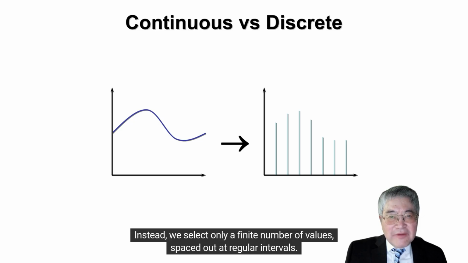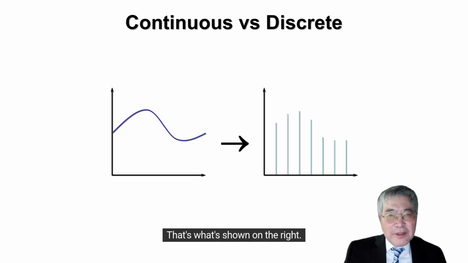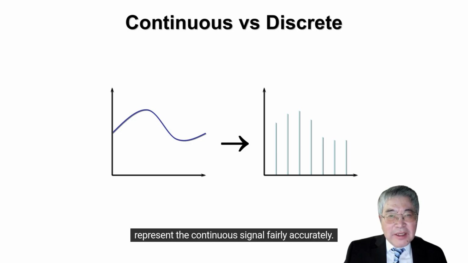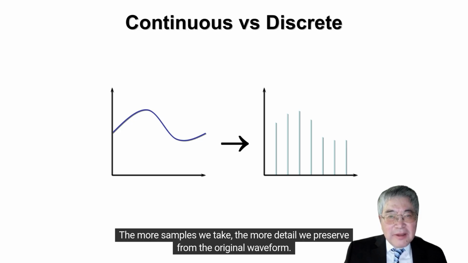Instead, we select only a finite number of values spaced out at regular intervals. That's what's shown on the right. This process is called sampling. If we sample densely enough, meaning if the points are close together, then the discrete version can represent the continuous signal fairly accurately. The more samples we take, the more detail we preserve from the original waveform.